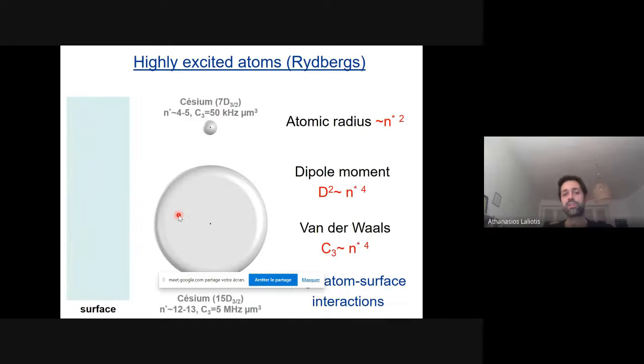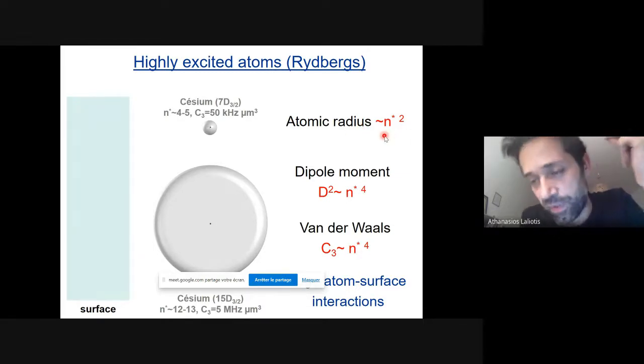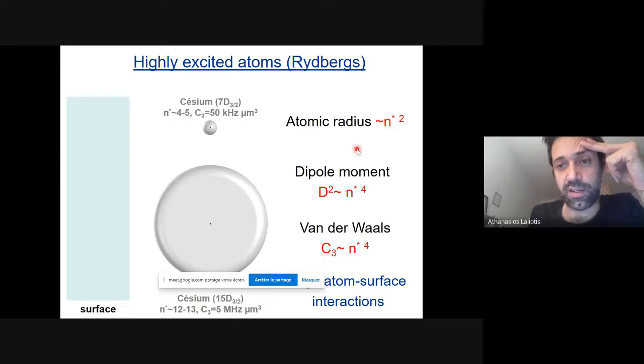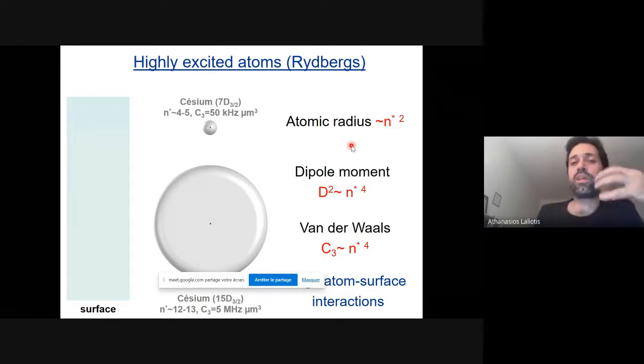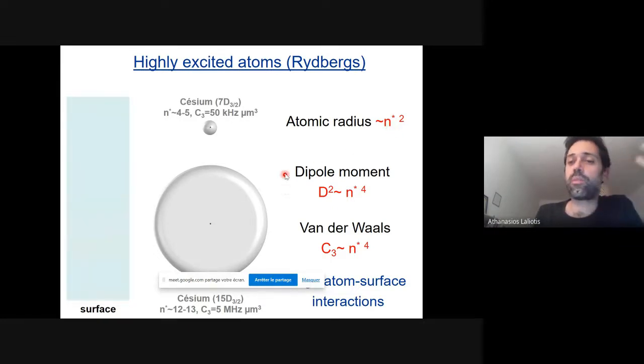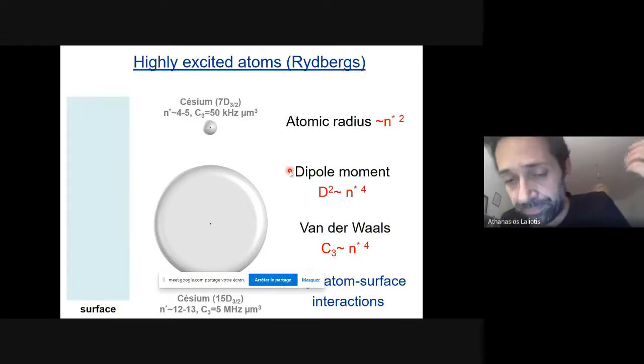Okay. So Rydberg atoms are atoms that are highly excited, that have a big principal quantum number. And when you increase the principal quantum number, or the effective principal quantum number, which is n star, you end up increasing the atomic radius as a function of n squared.